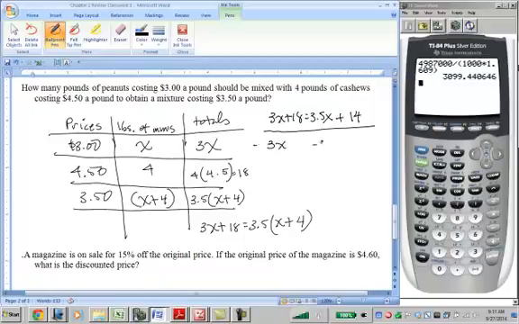And we can subtract 14 from both sides. And that's going to equal 0.5X equals 4. X equals 4 divided by 0.5. So how many halves are in 4? X equals 8.